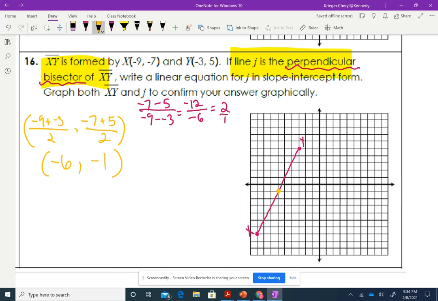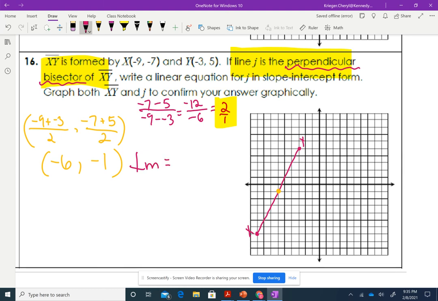And if it's the perpendicular bisector, then I need the perpendicular slope. Okay, so perpendicular slope of 2 over 1. Right, what's my new perpendicular slope going to be?